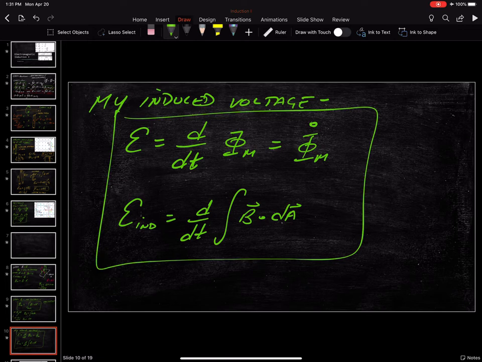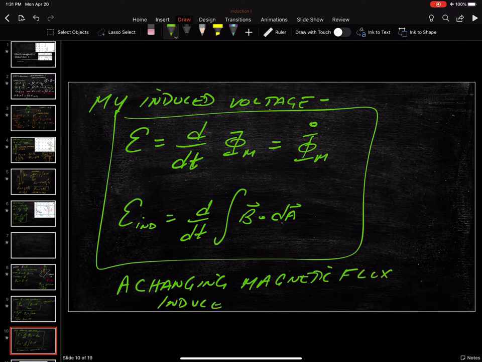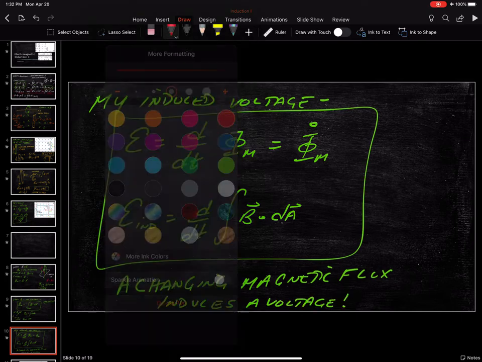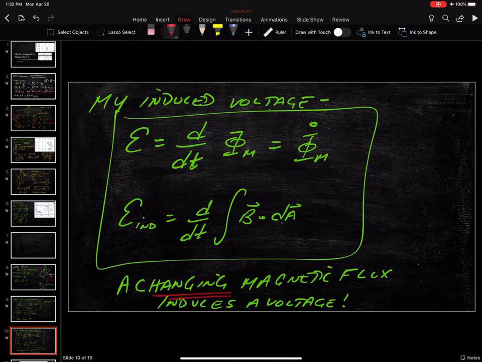And so notice, what this says is a changing magnetic flux induces a voltage. The key term here is changing, because this thing is a derivative.